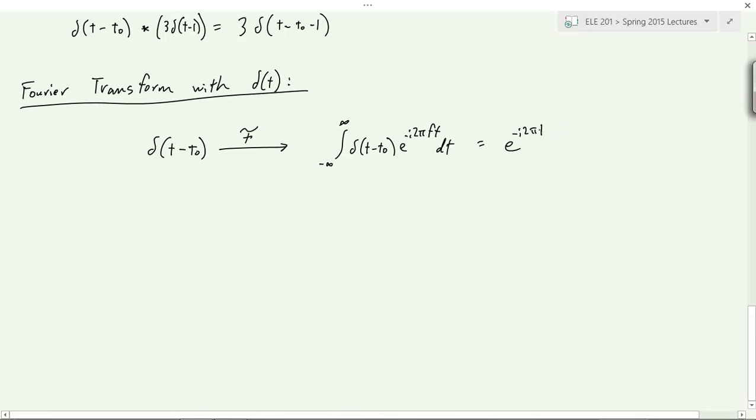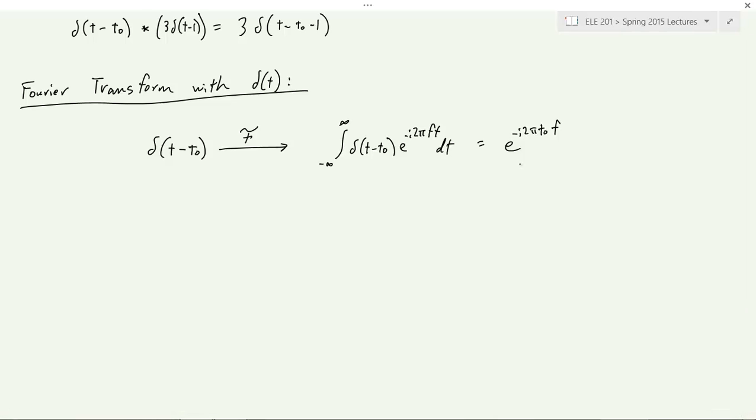So there we have some constant, which is negative i 2 pi t naught, and this times f. Okay, so in the frequency domain, this is a complex exponential function. All right, that's the frequency domain for a delta function.